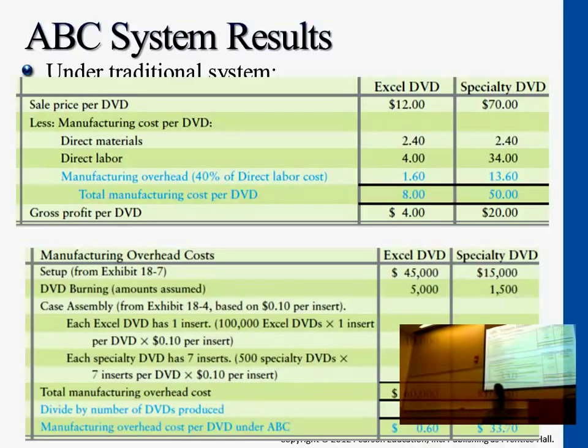Let's say Excel DVD, since it's a more popular, regularly produced product, there's 100,000 requests from customer orders. For specialty, there's only 500 requests from customers. Okay, but if you take a look at this now, setup cost for the 100,000 DVD sets, what is the setup cost per DVD here?